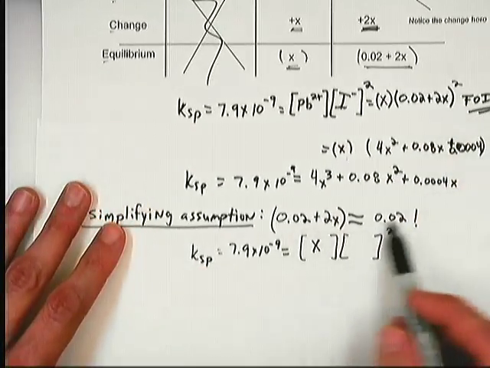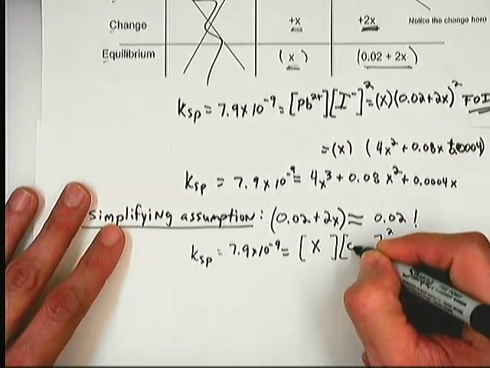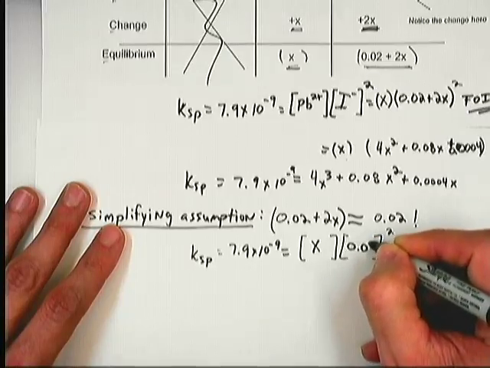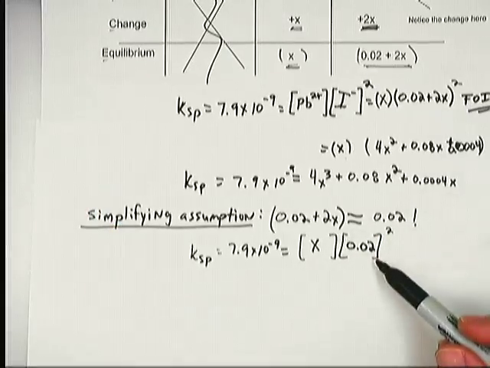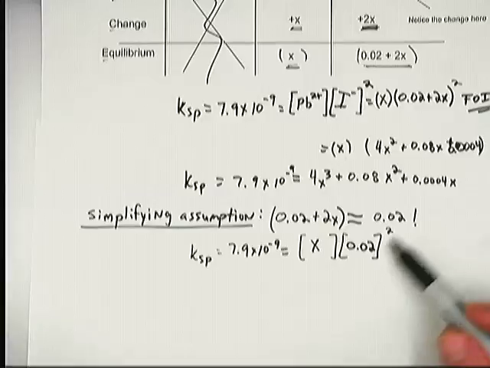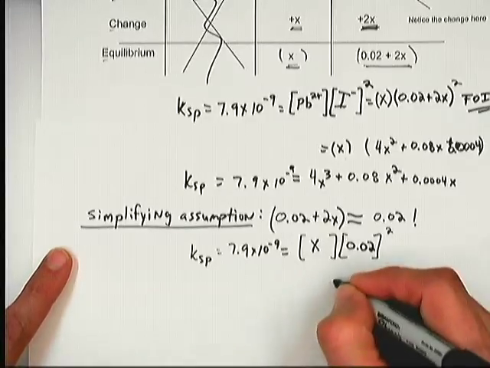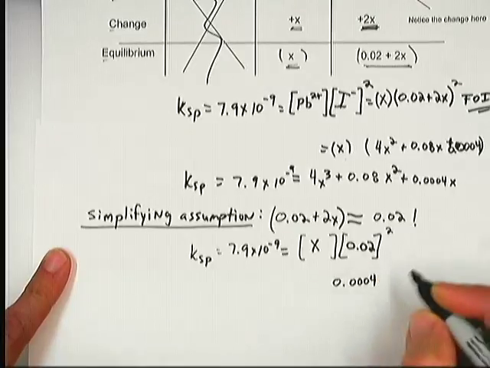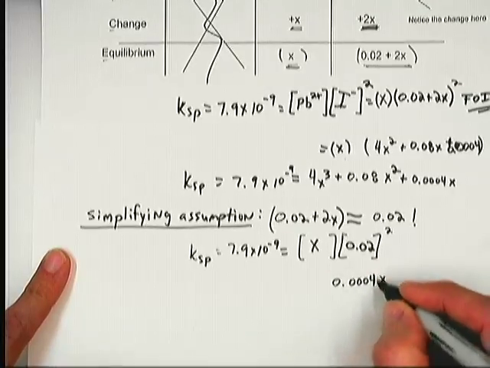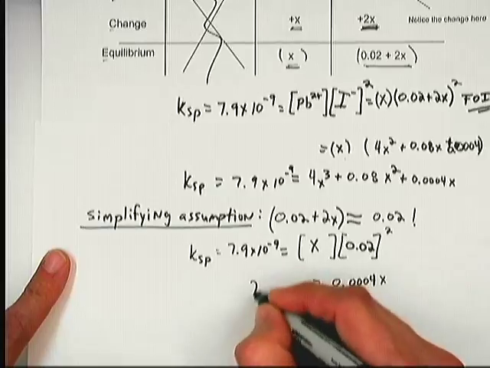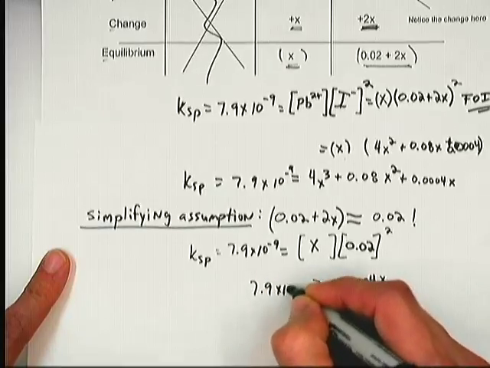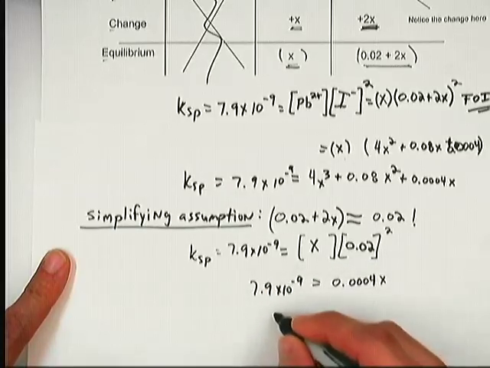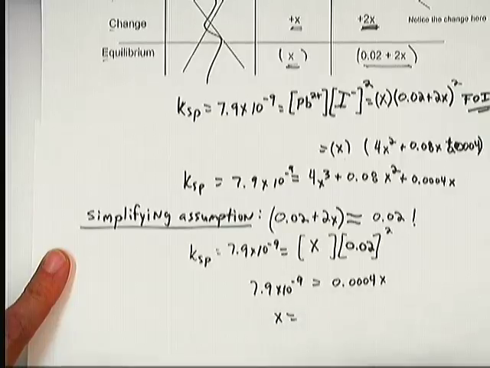And if I make this assumption, my iodide concentration now becomes 0.02. Now, this is great because I can square this, right? And if I do, I get that. Tack on the x or multiply by x, and now that's equal to my KSP. And then I can solve for x in one division, and I'm done.